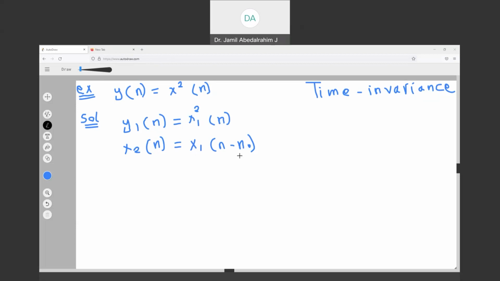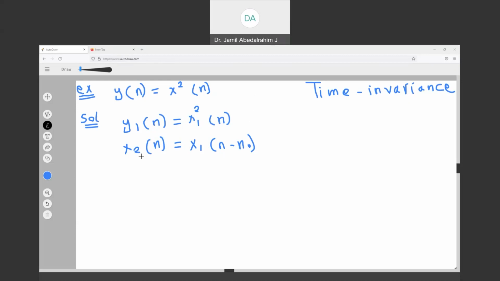The third step: since I have a second input, x2 of n, I must have a second output. Logically, if I have an input, there must be an output.